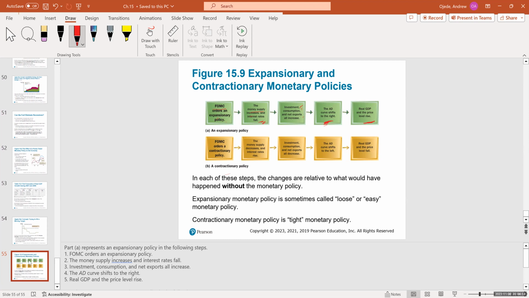When interest rates are rising in the economy, that's a disincentive to investment, because they want to slow down the economy when there's an inflationary gap. So investment, consumption and net exports are all going to fall. And then the aggregate demand curve is going to shift left to close that inflationary gap. So GDP can go back to equilibrium.